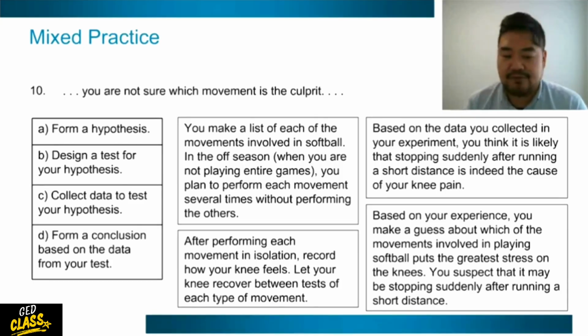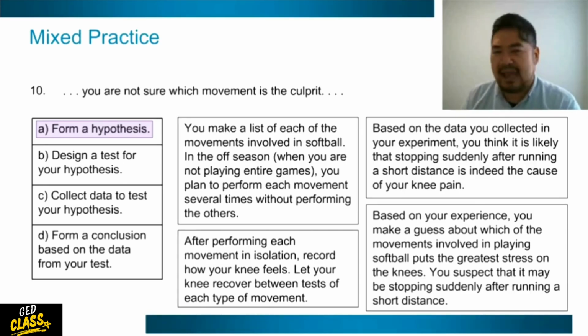Okay, let's take a look. The first one is to form a hypothesis. Which of those statements is forming a hypothesis? Remember, a hypothesis is an educated guess on the question itself. The question, if you remember, was about the knee pain, like the phenomena about that, right? What's causing the knee pain?